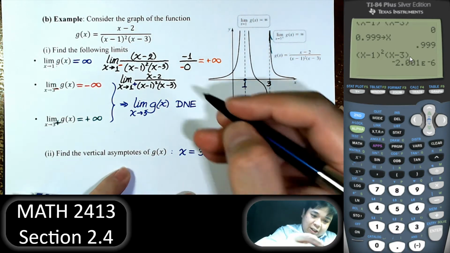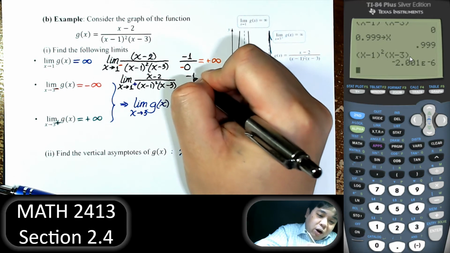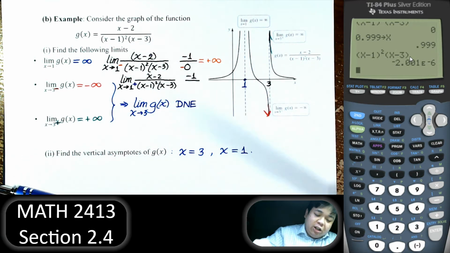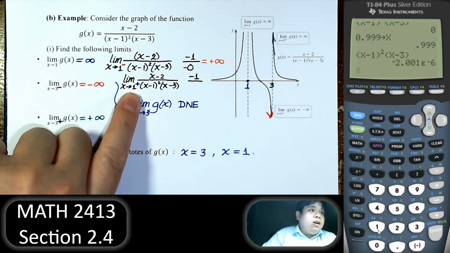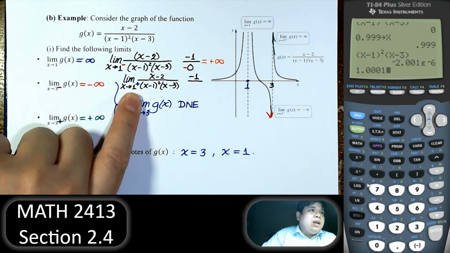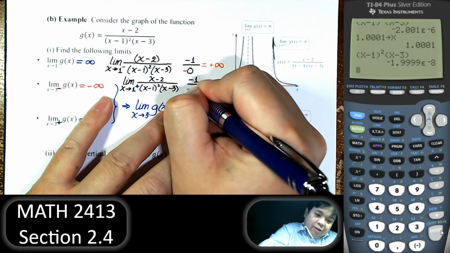Well, if it is the plus sign, we will still have negative 1 on the top. That doesn't change. We're going to choose a number on the right side of 1, store to x, and evaluate that. We also have a negative.